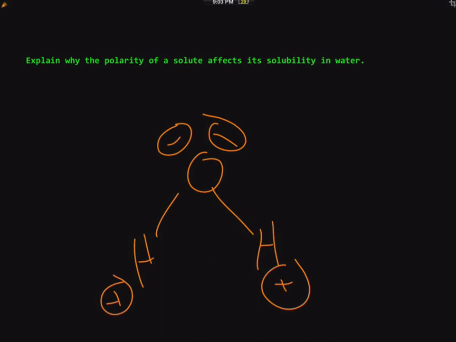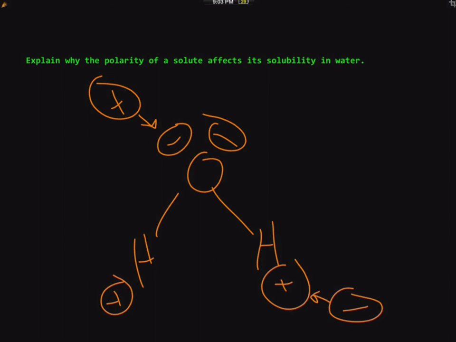So when you have another polar molecule, which has a positive and a negative side, like an ion, well, the positive is very attracted to the oxygen end of the water molecule. The negative side of the other polar molecule is attracted to the hydrogen, and this is what allows the water molecules to kind of latch on and pull apart the solute.